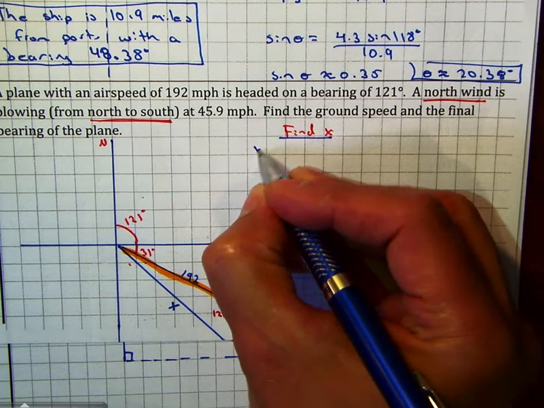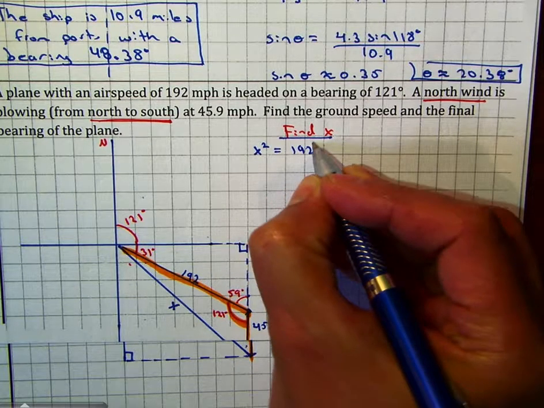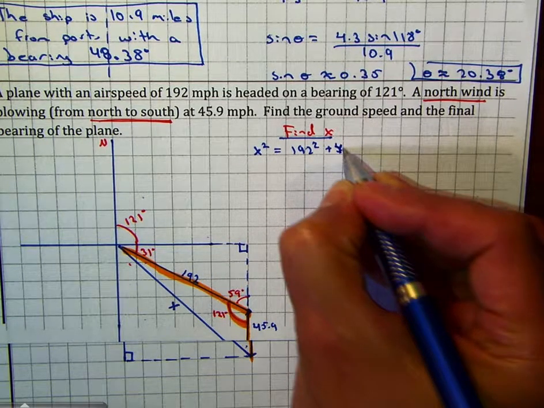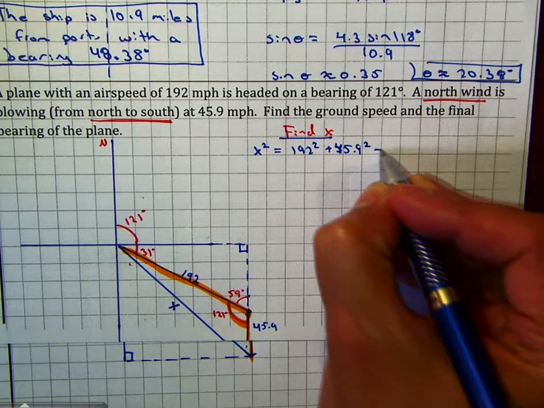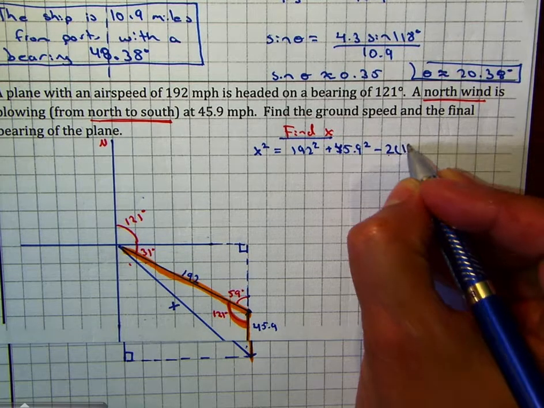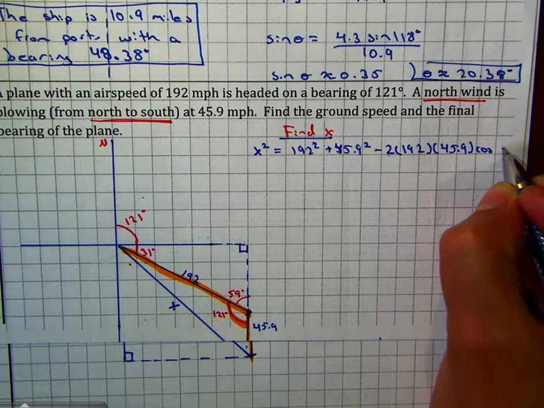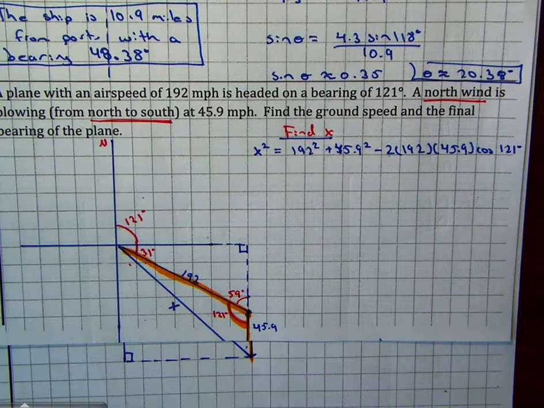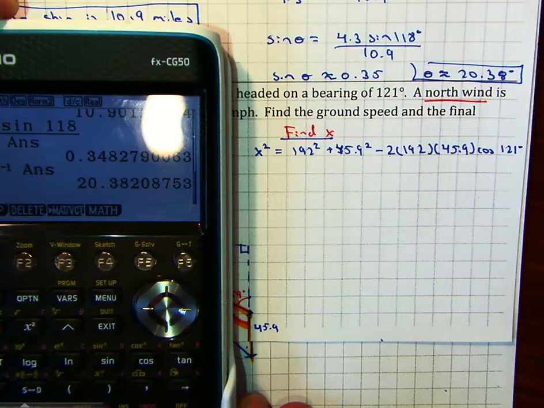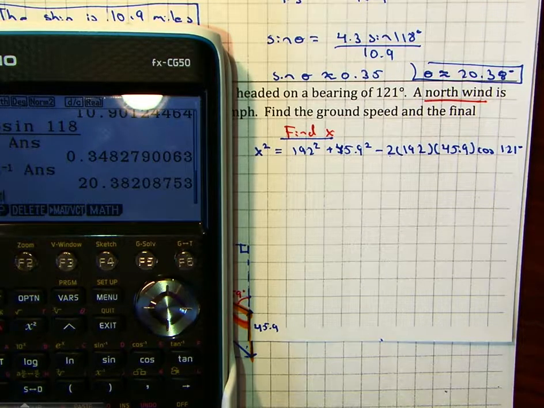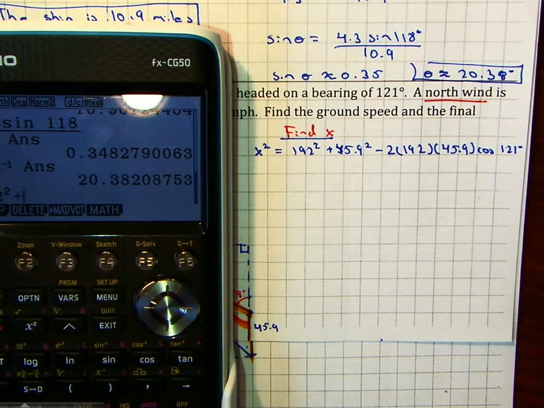So this is x squared is equal to 192 squared plus 45.9 squared minus 2. Some of you guys will forget the 2 on your test. And the cosine of the angle in between, which is 121 degrees. So from there, I can just type into the calculator the cosine of 121.